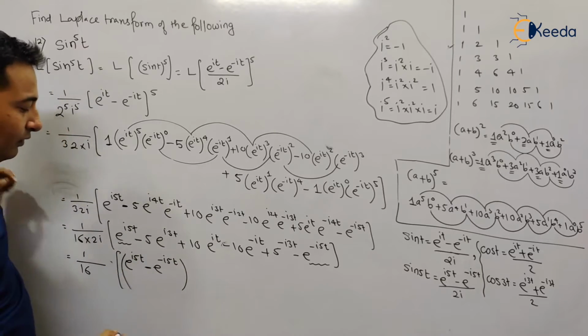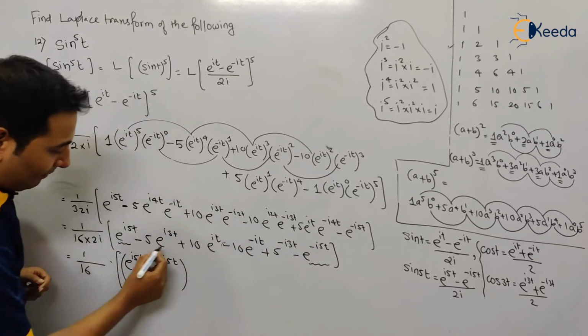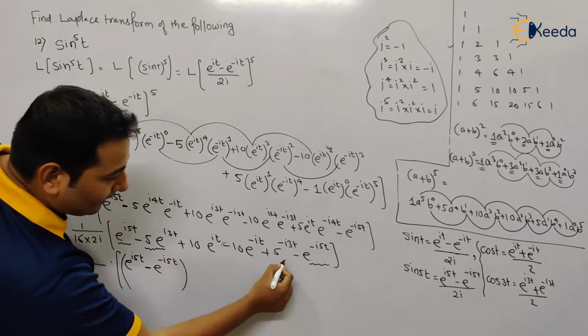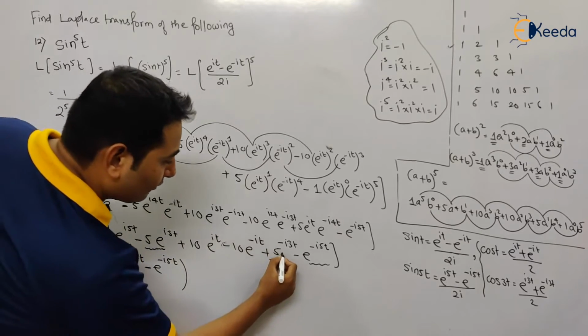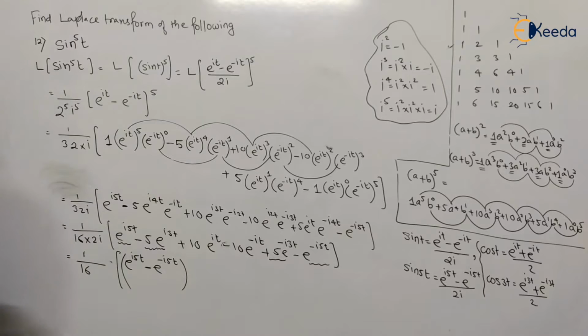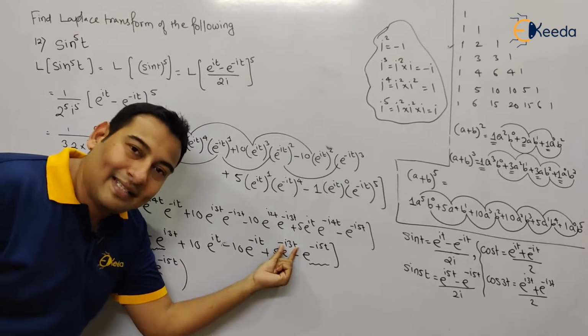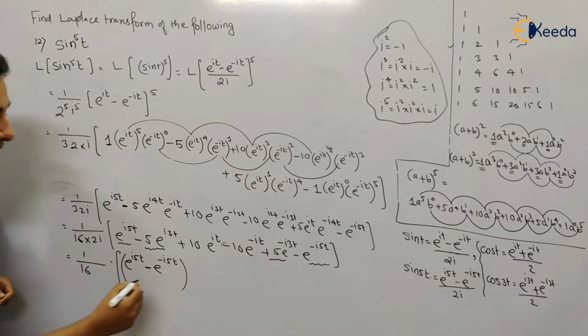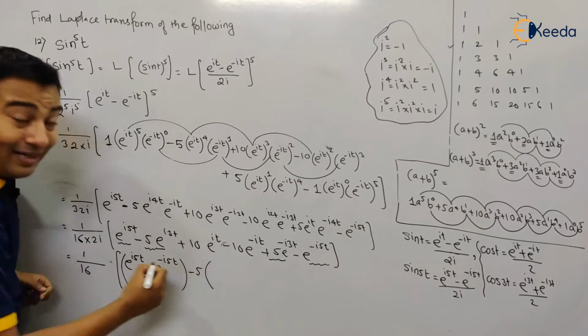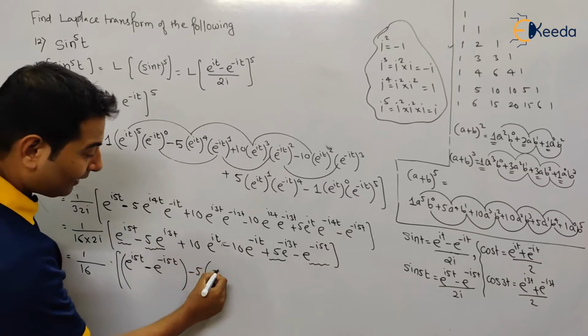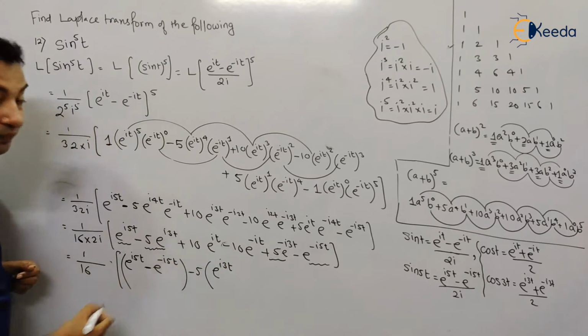Next, second last and second will be combined. See here, it is i 3t, it is minus i 3t. So let us take minus 5 common. If you take minus 5 common, here it will be e raised to i 3t.